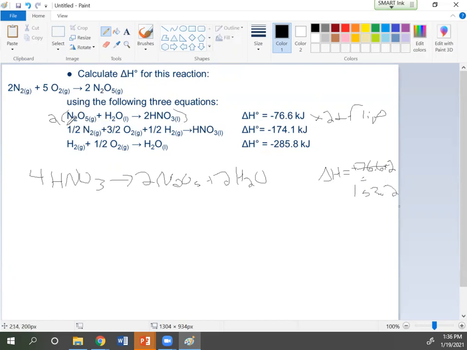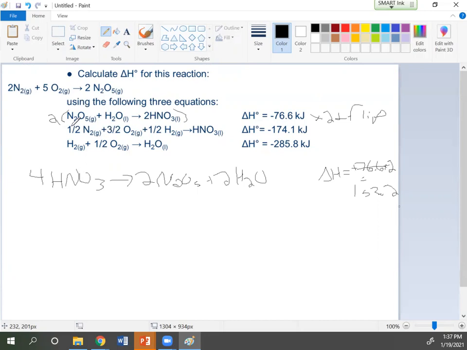So, second equation. Let's look at it. I look through this and I see, does something appear in the second equation that also appears in the overall equation?